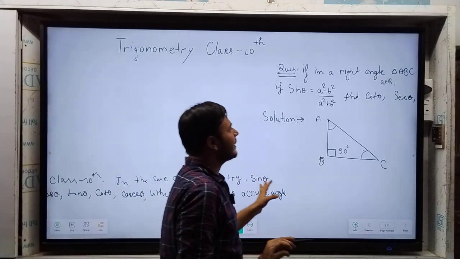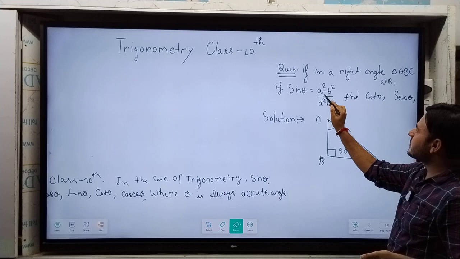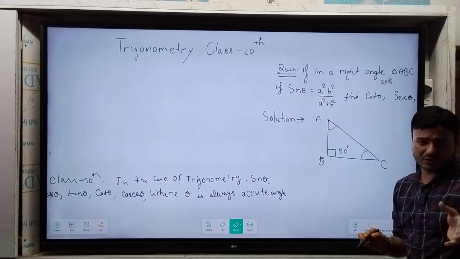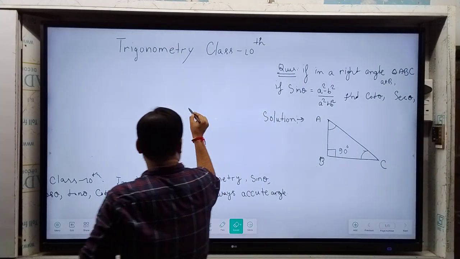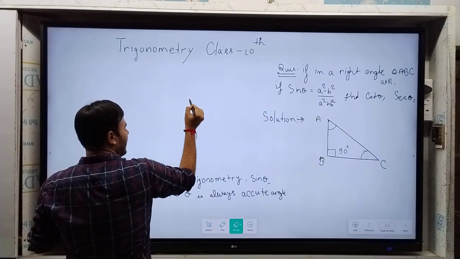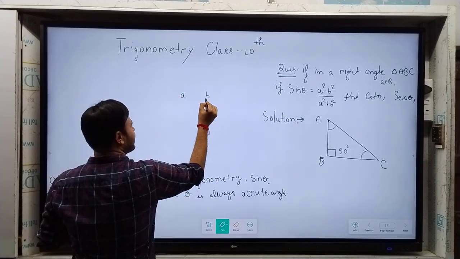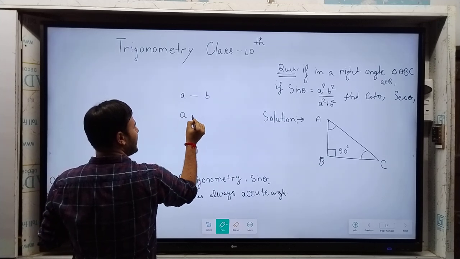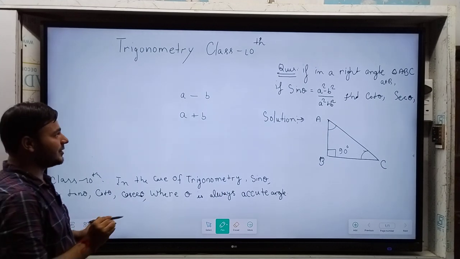In a right angle triangle ABC at B, sin theta is given as (a square minus b square) upon (a square plus b square). You know that the hypotenuse is the longest side. If there are two numbers, first a and second b, then which is greater, a minus b or a plus b?